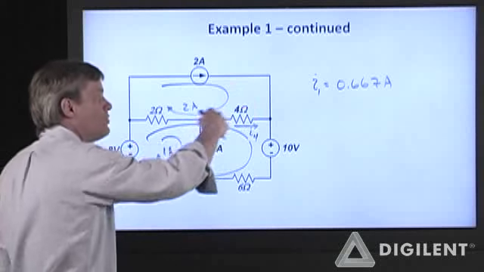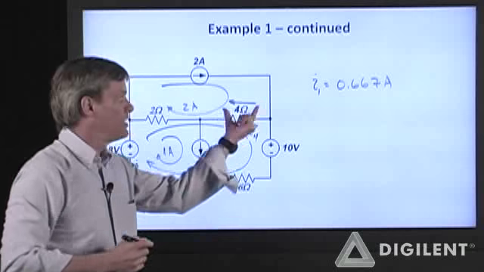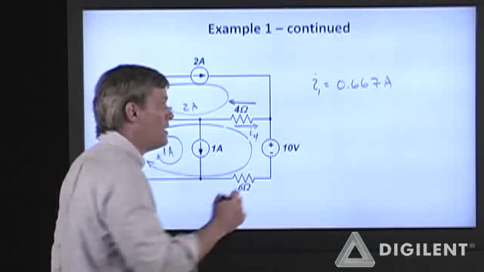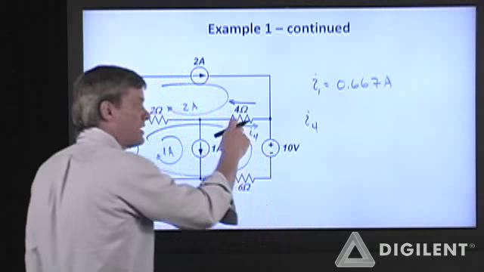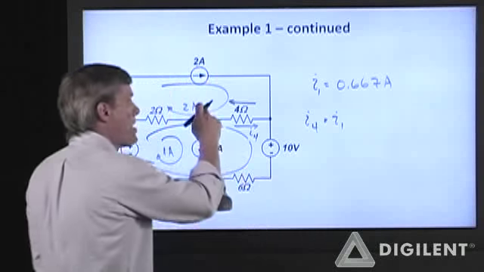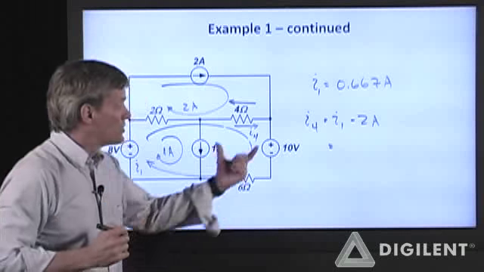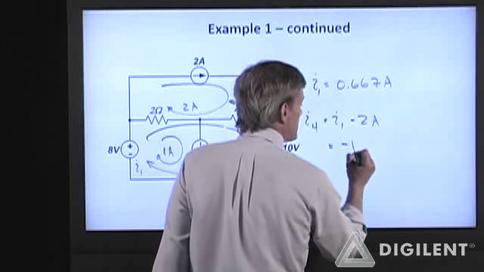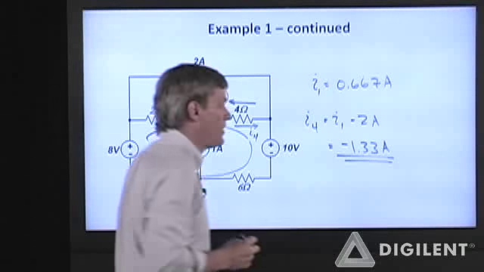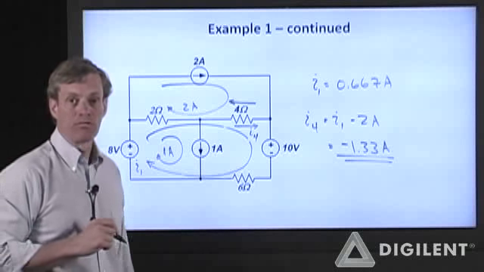I also have a 2 amp constrained current going this direction, which is in the opposite direction to my defined direction for I4. So I4, if I sum the mesh currents that go through that, is I1 minus 2 amps. So I4 is actually minus 1.33 amps. So it is actually a positive current going in the other direction.